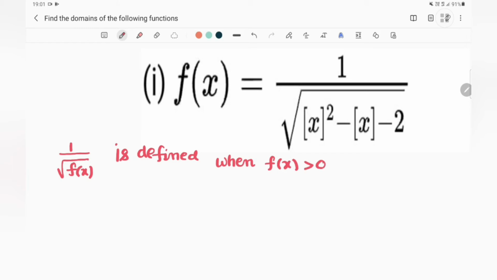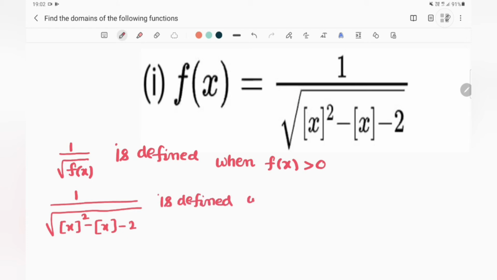So, the given function f of x, 1 by square root of [x] whole square minus [x] minus 2, is defined when f of x is greater than 0. That means [x] square minus [x] minus 2 is greater than 0.